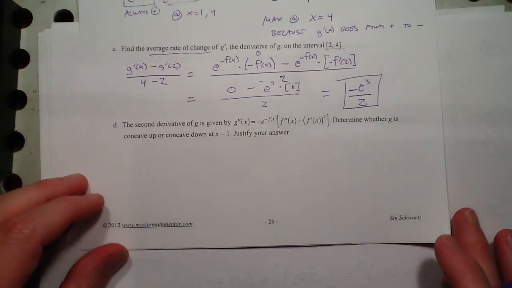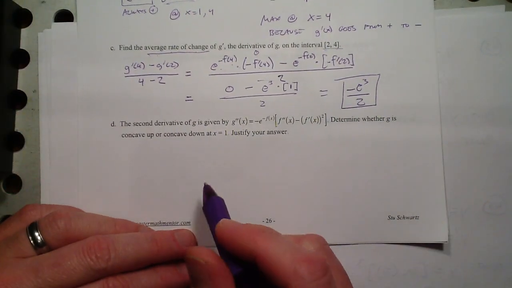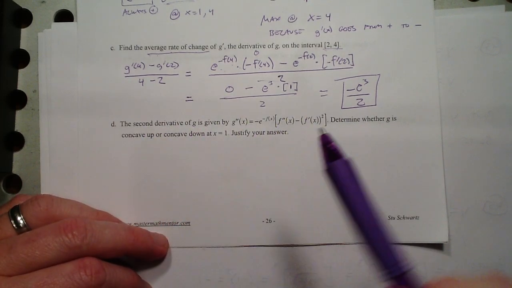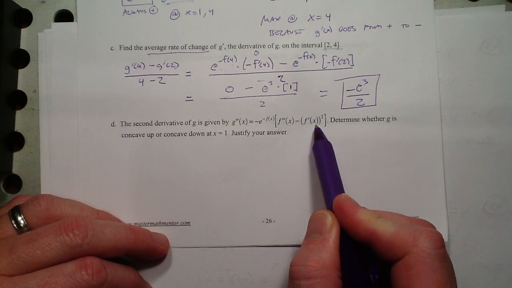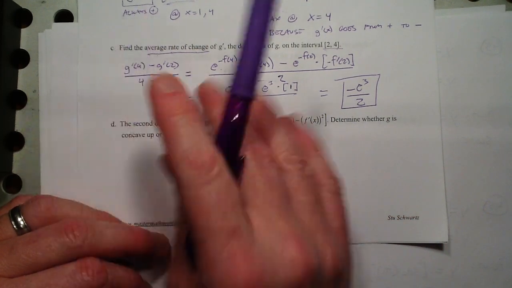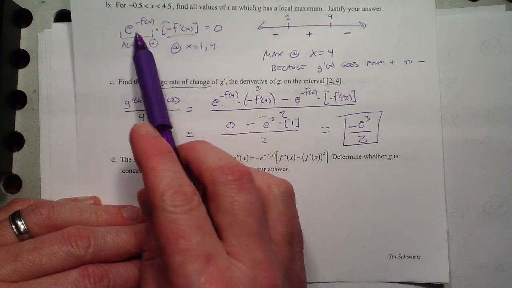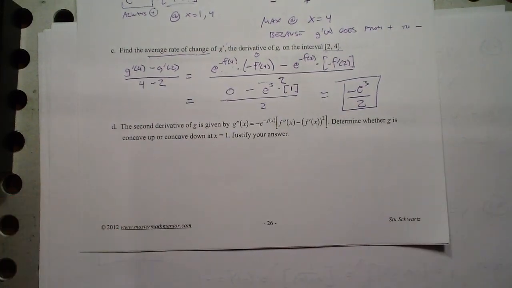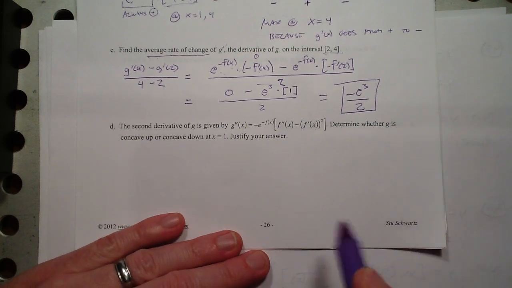Right, that was fun. Now, if you thought that was messy, the second derivative of g is given by this. Now, we could find that, right? We found the first derivative. We'd just have to do the product rule on this, and we should get this. But they do this sometimes on the AP test too.